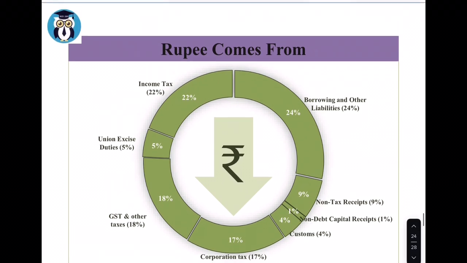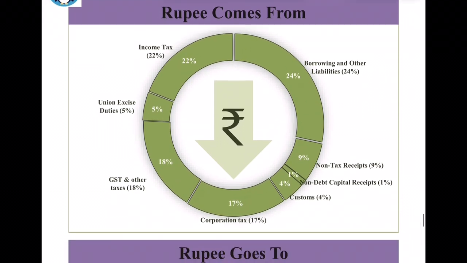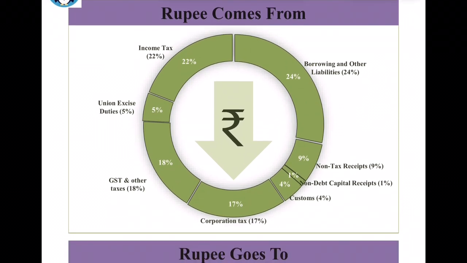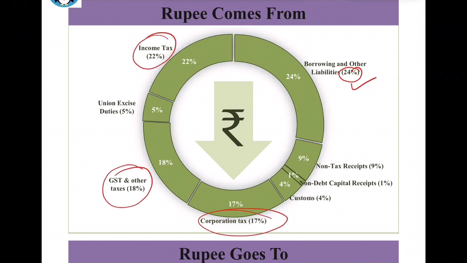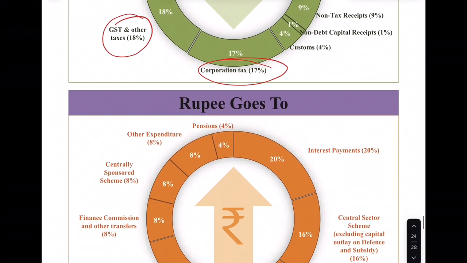Now this is again the same thing: from where the rupee comes and where the rupee goes, as we can all see. Borrowing and others is 24%, then 22%. Here GST is 18, corporation tax 17. So these are important.